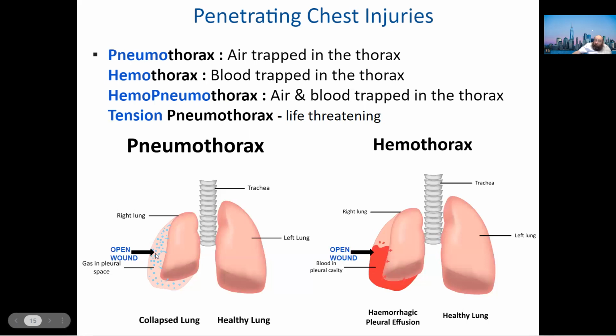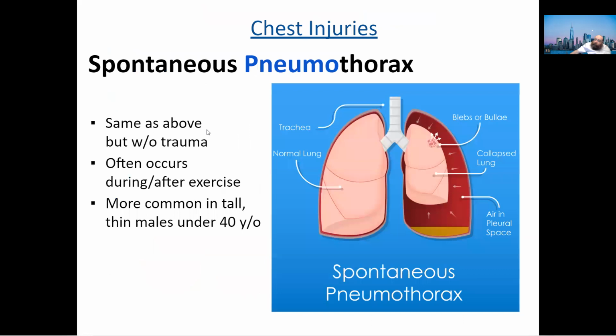They don't often go for surgery, but sometimes they do go for more than just the chest tube, depending on the injuries, et cetera. This is not really part of the EMT curriculum, but I think it's very important that you know what this is, because every so often one will crop up. It's called a spontaneous pneumothorax, and it happens typically to males who are tall, skinny, in their early 20s.